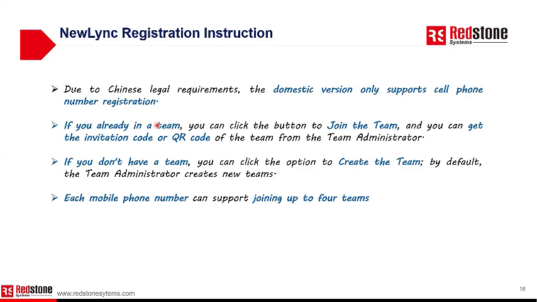If you don't have a team, you just simply click the option to create a new team, and you become the team administrator and can create your own team. And each mobile phone number can support joining up to 4 teams.